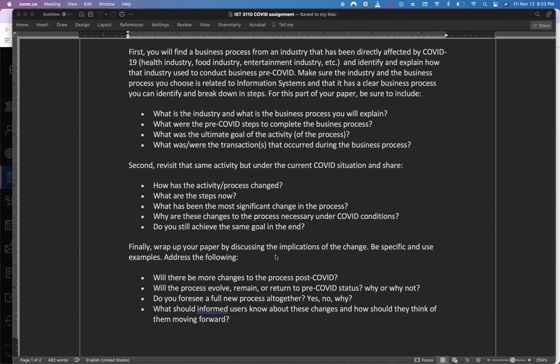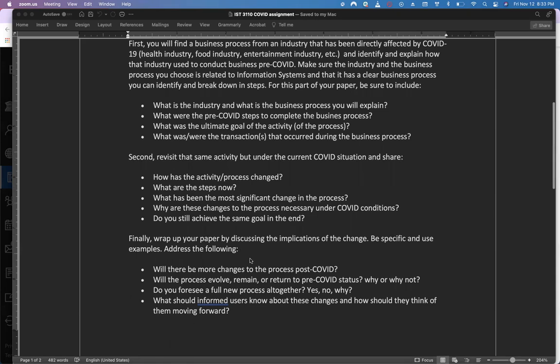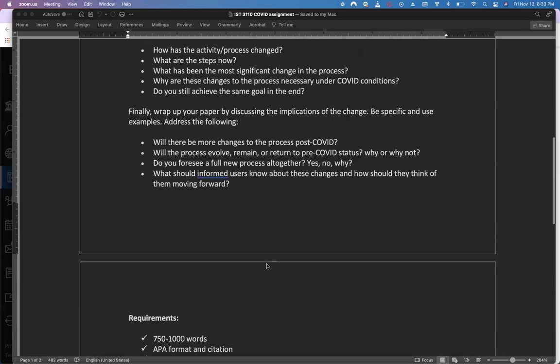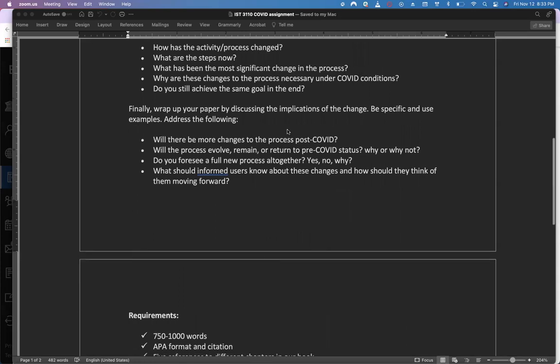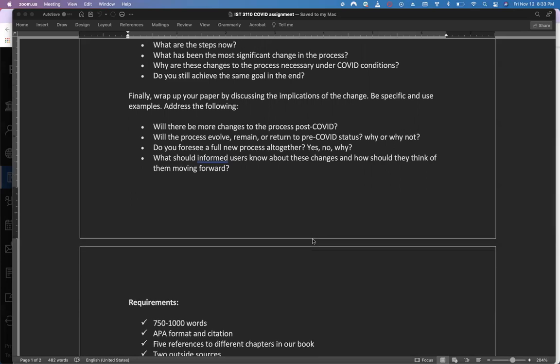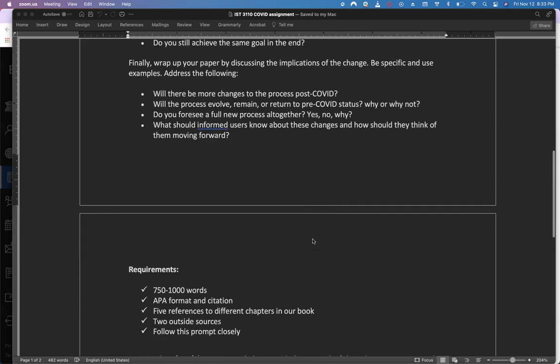They may realize it worked. And so that final part is, I want you to wrap up your paper by discussing those implications, anything you've noticed that the company or industry you chose has kept after COVID.